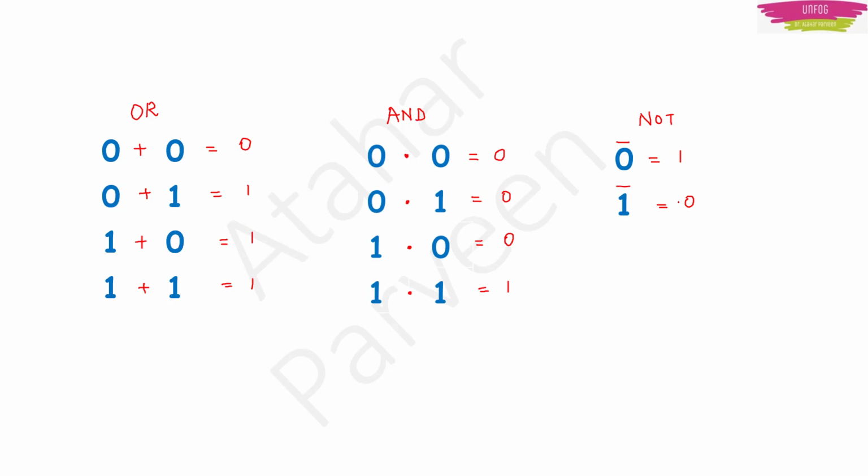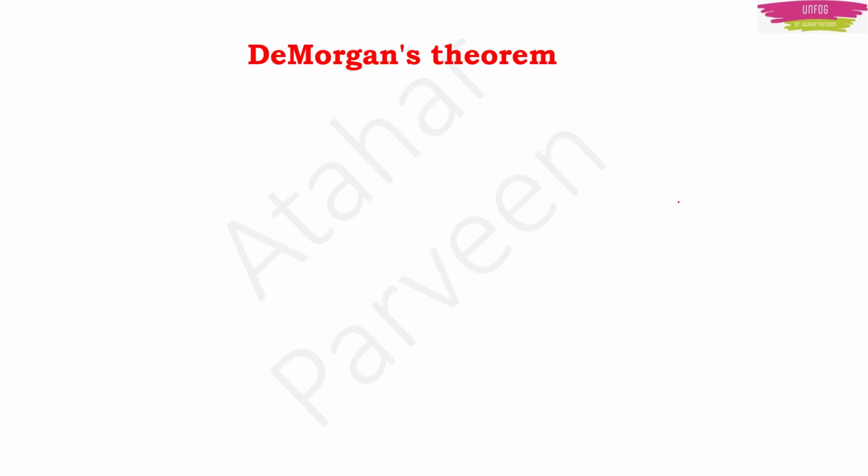We substitute the two Boolean variables here as inputs and find the corresponding output by the Boolean expression. Boolean variables follow two theorems called De Morgan's theorem. The first theorem states that for these two Boolean variables A and B, if you perform an OR operation between them and take a complement, this is going to be the same as performing an AND operation between the complements of these two variables.